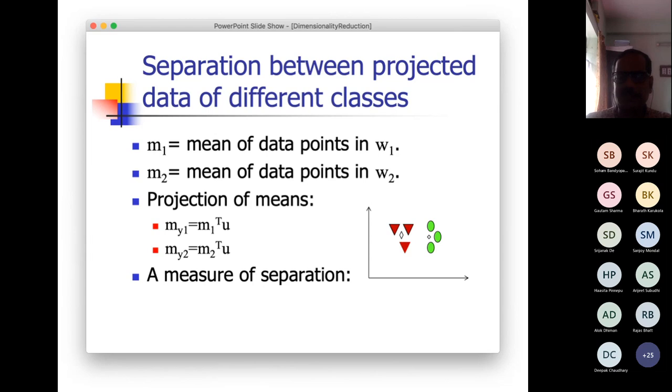Now, a measure of separation. Once again, we are considering the data sets' variability first. As I mentioned, we will be considering an interval. The interval is defined in the projected space as the mean plus minus, say, standard deviation. So we need to compute the variances of the projected points, and from there you can get standard deviations.